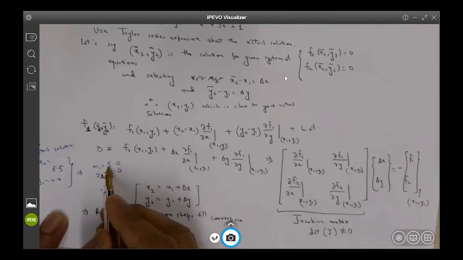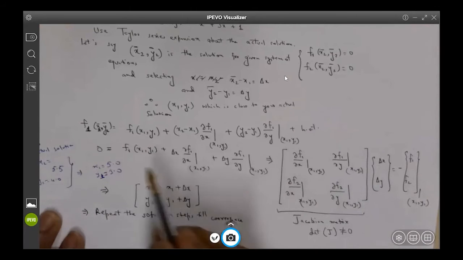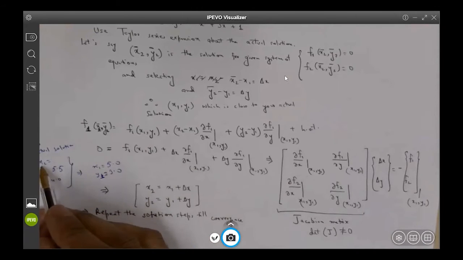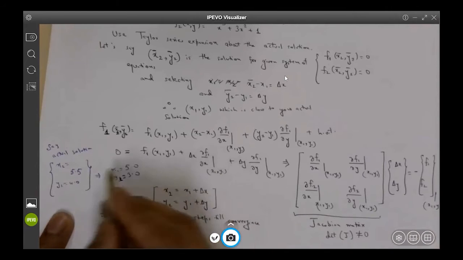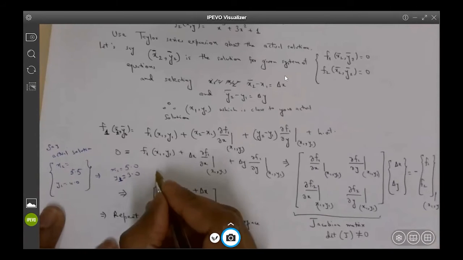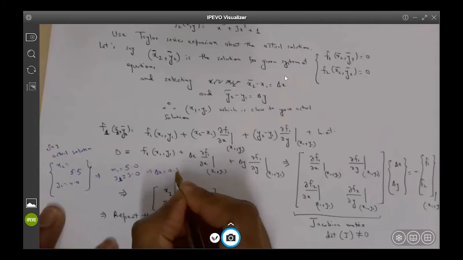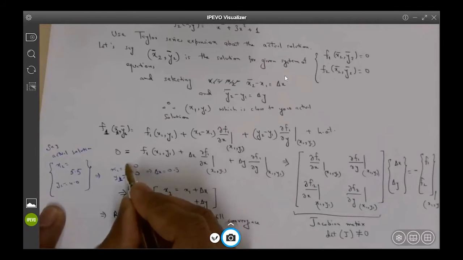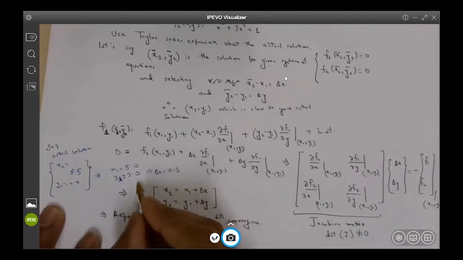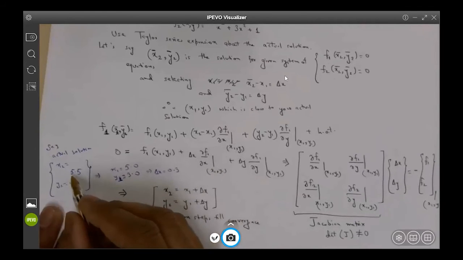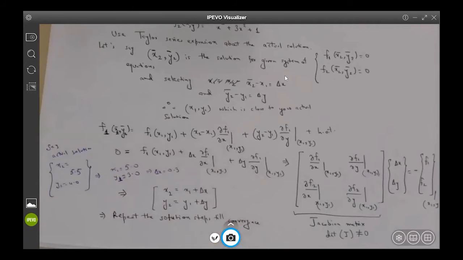If your delta x comes out to be 0.5, then it becomes equal to x2. But generally delta x will not be equal to 0.5. It will be somewhat near it. Let's say delta x comes out to be 0.3. So you add that to x1, and for the next iteration you become closer to your actual solution. Does that make sense?